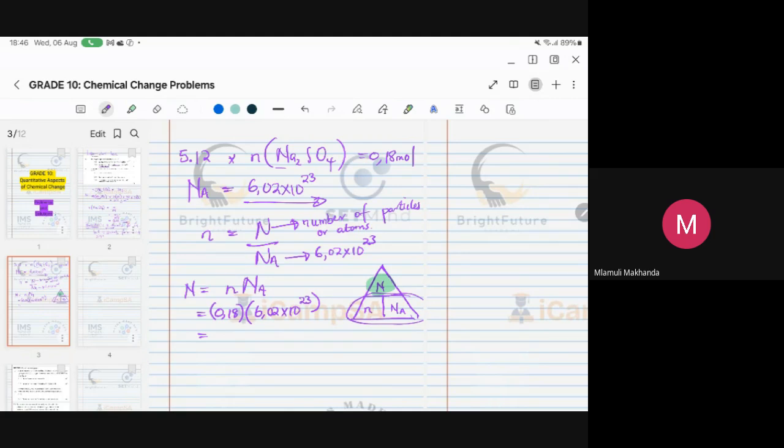So this should give us 0.18 times 6.02 times 10 to the power 23, which is 1.0836, four decimals, times 10 to the power 23.